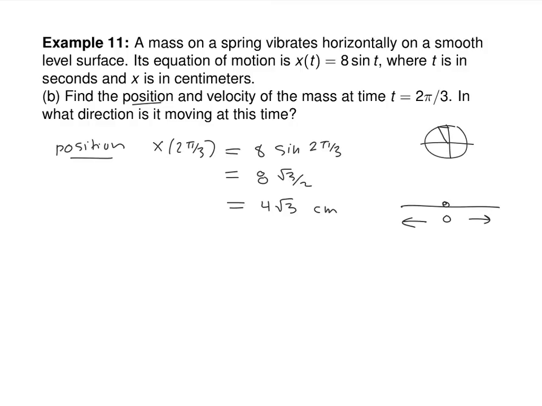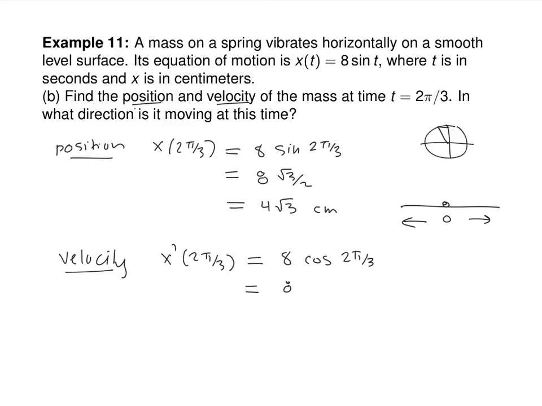Yes? Won't you plug the 2 pi thirds into the trig? To find the velocity, you would. Because there were 2 questions, to find the position and the velocity. So position is original, velocity is derivative. So velocity is x prime of 2 pi thirds, and x prime was 8 cosine t, right? This is 8 cosine of 2 pi thirds.